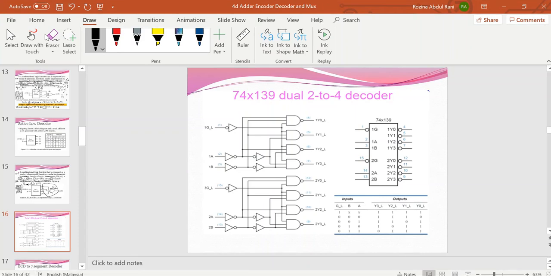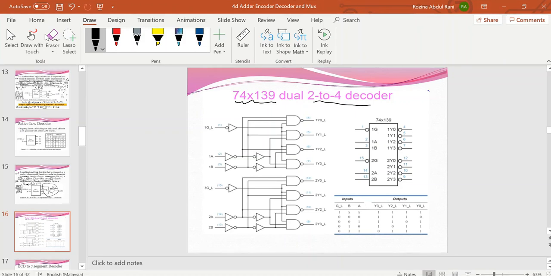This is one example of a commercial decoder with active low: the 74139 dual 2-to-4 decoder. This is the commercial IC device for a 2-to-4 decoder. As you can see here, there are two sets of decoders in one IC package.